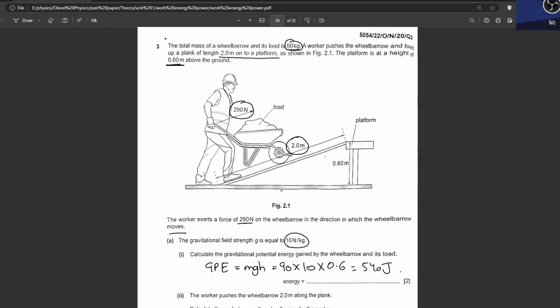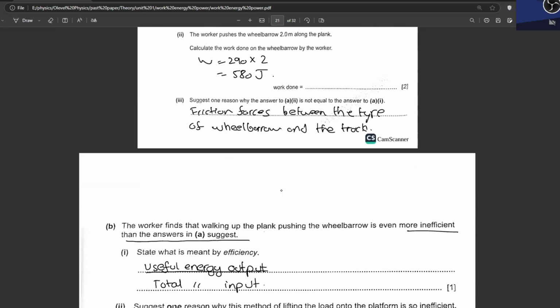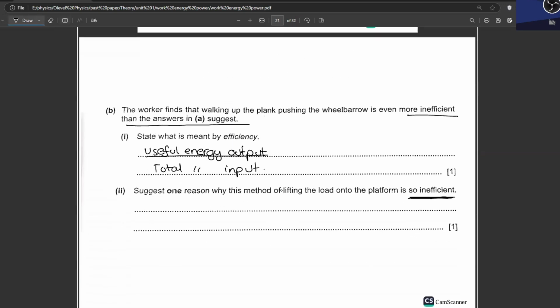We haven't considered that the person is also going up the platform. That will also require some work done. So you can write here the mass or weight of the person is assumed to be negligible.